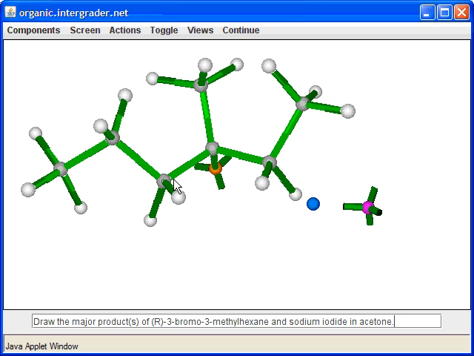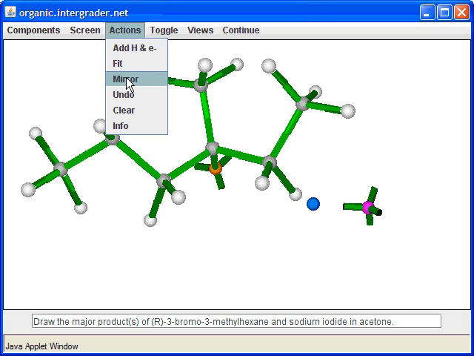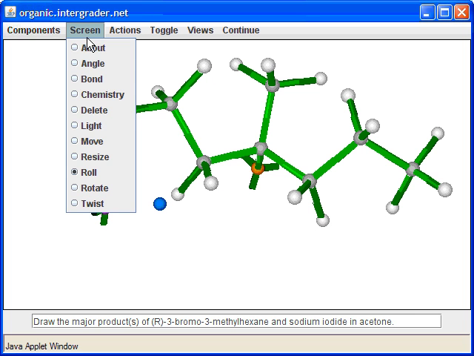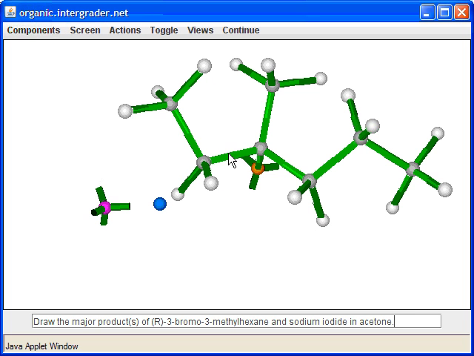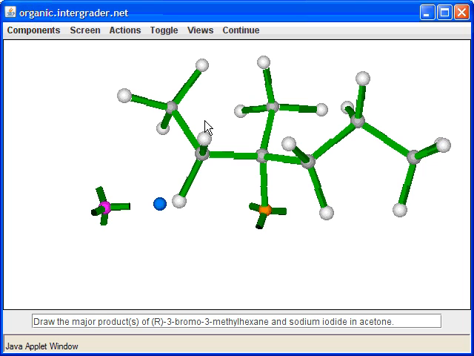In this case this is priority 1, this is priority 2, this is priority 3. So we'll hit mirror because we actually drew S, and so this is R. Once we do that, I'm going to ionize off the iodine again.